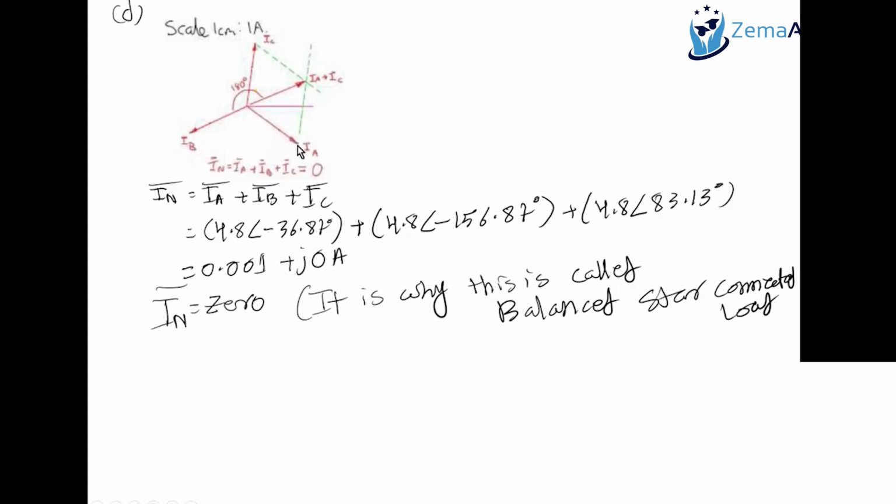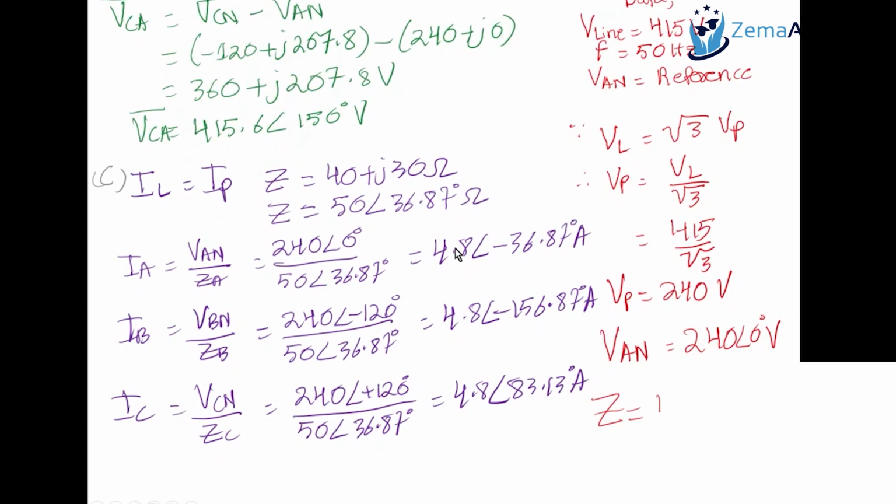So IA, IB and IC can be drawn using a protractor and a particular scale for the currents. For example, 1 centimeter is equal to 1 ampere. Therefore, the length of each current would be 4.8 centimeters because we have 4.8 amperes. We can draw the length of the line by following the angle, which is minus 36.87 degrees for the IA.